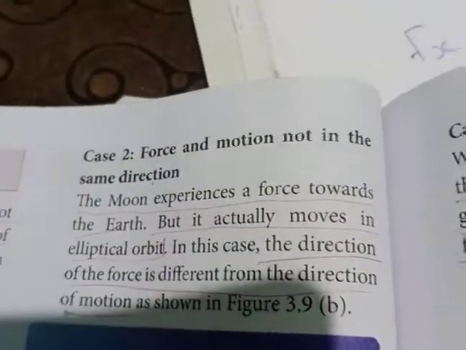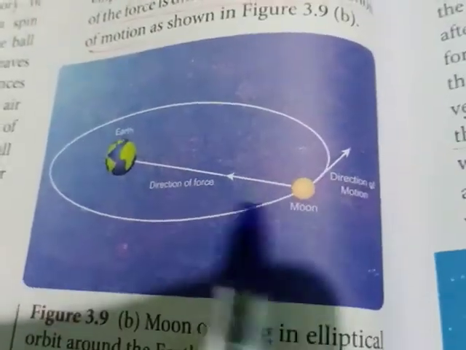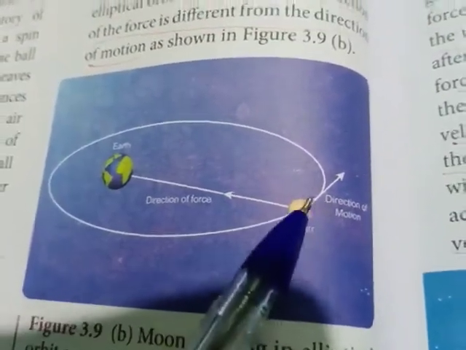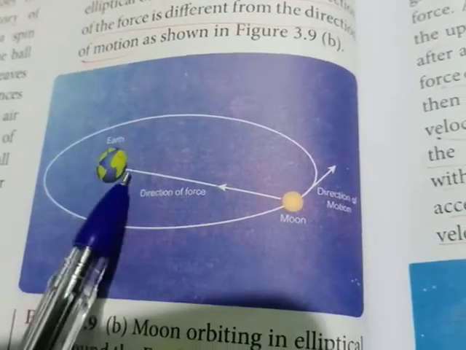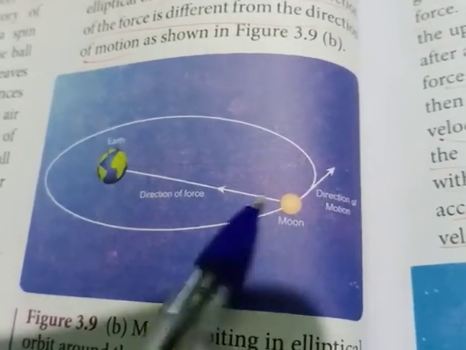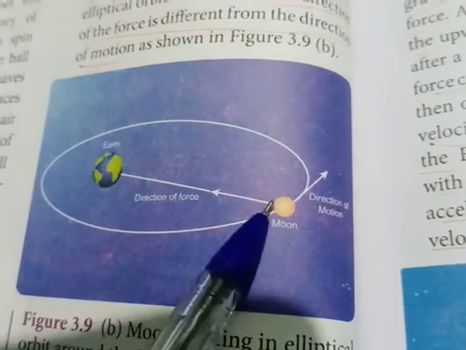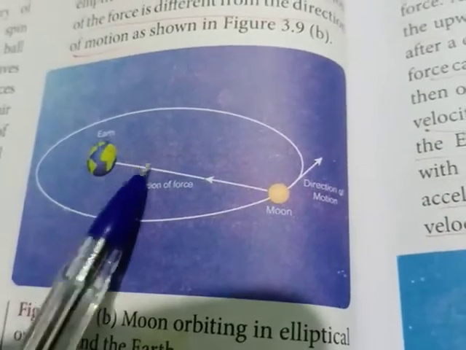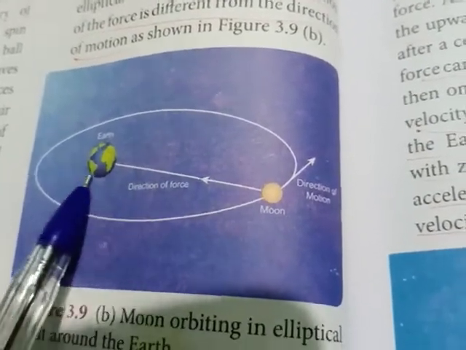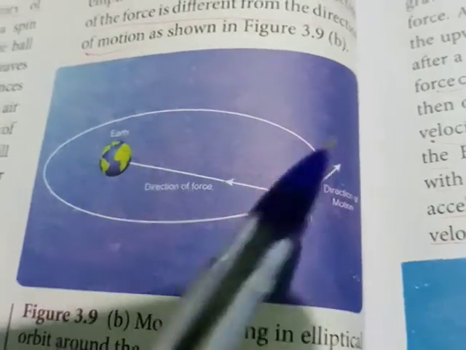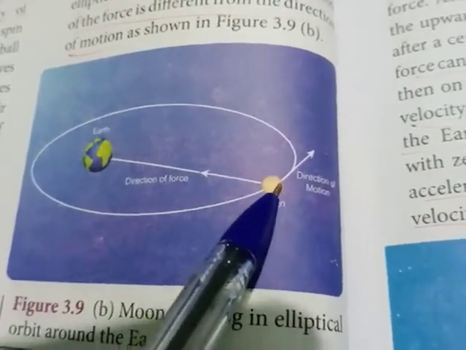The second case is force and motion not in the same direction. You can see in this diagram, the earth is there, the moon is there. From the moon it is experiencing a force. From the moon to the earth there is a force acting between them. This force is in this direction. But what is the direction of motion of the moon?